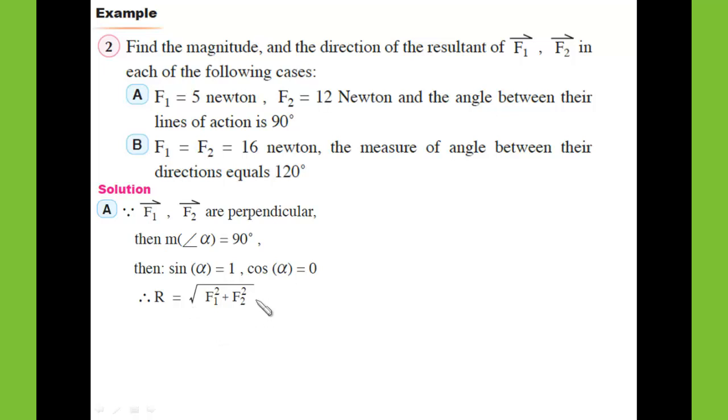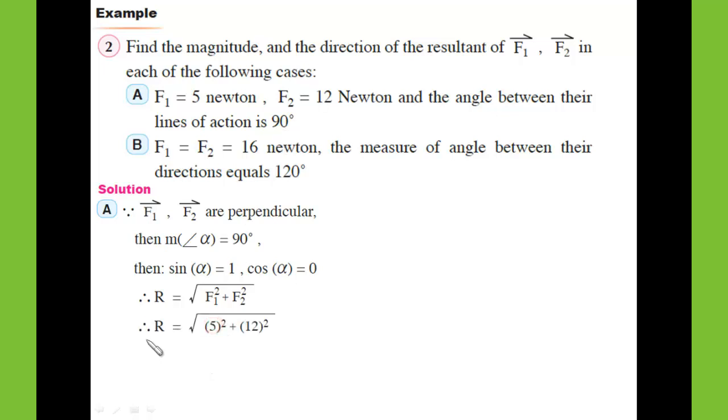Don't forget, in the main rule we have plus 2 F1 F2 cosine alpha, but alpha equals 90 and cosine alpha equals 0, so we can use this rule directly: R equals the square root of F1 square plus F2 square in the case when the two forces are perpendicular. The angle between them is 90.